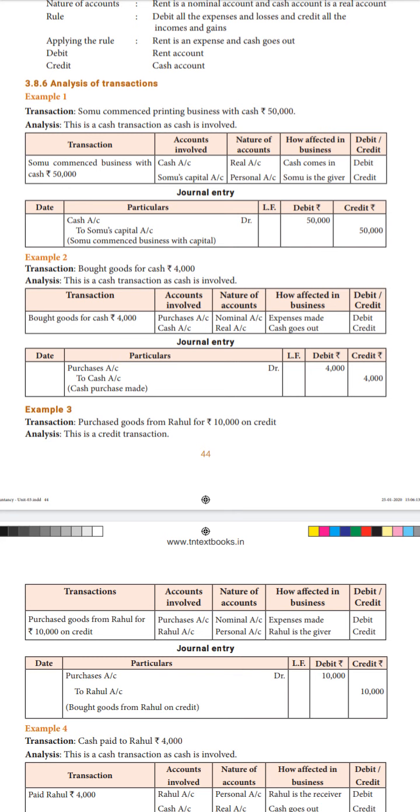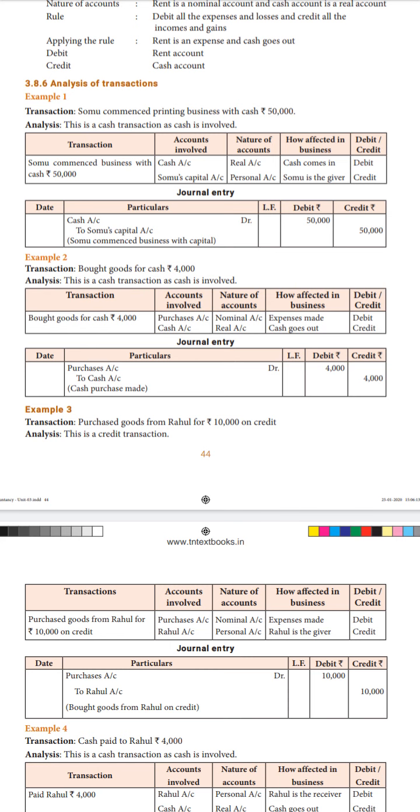In the debit column, just beside the cash account debit, you will write 50,000. To Somu's capital account, the amount must be written in the credit column because Somu's capital is a credit account, exactly on the same line.